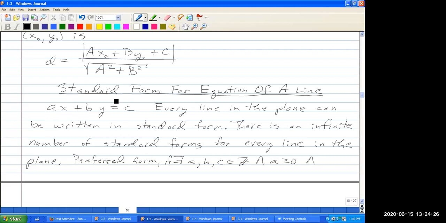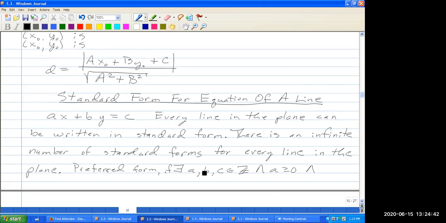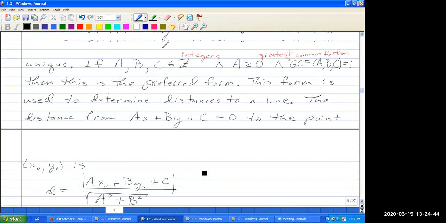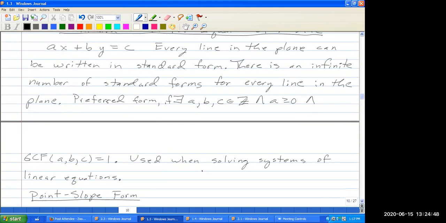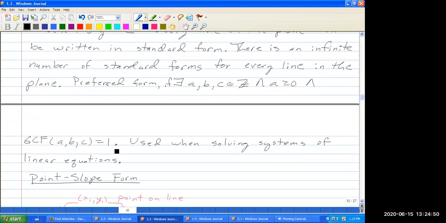So assume that A, B, and C are integer valued. Suppose that A is greater than or equal to 0. Yes, good. And suppose that A, B, and C are relatively prime, so that the greatest common factor between A, B, and C is 1.